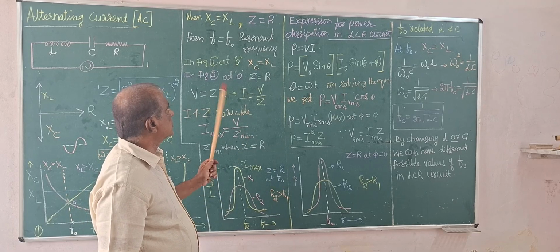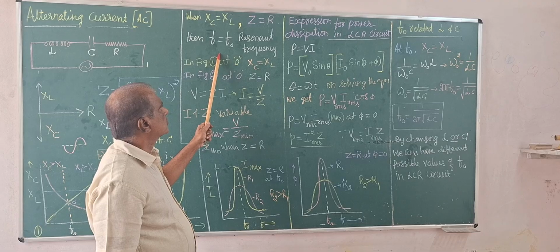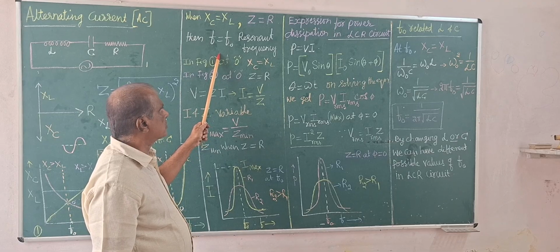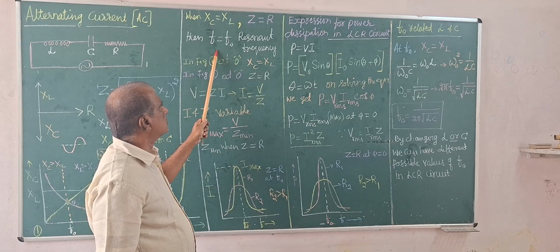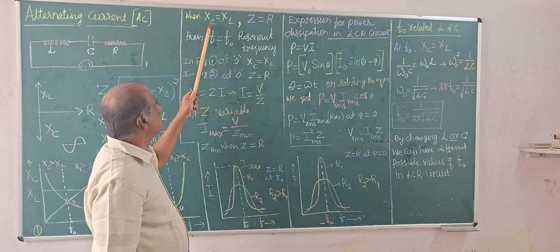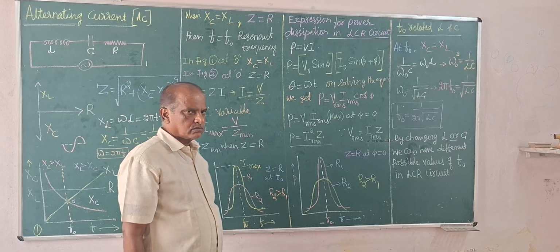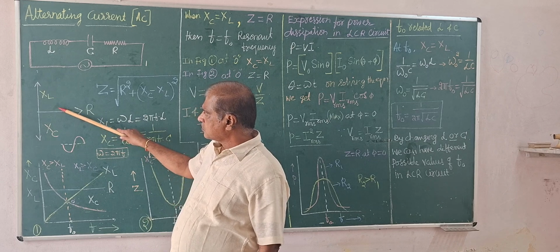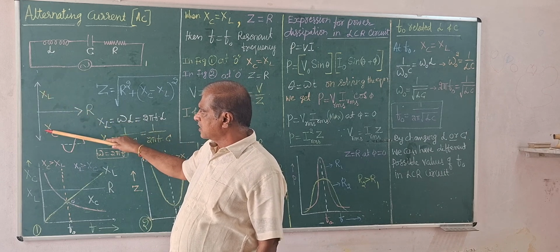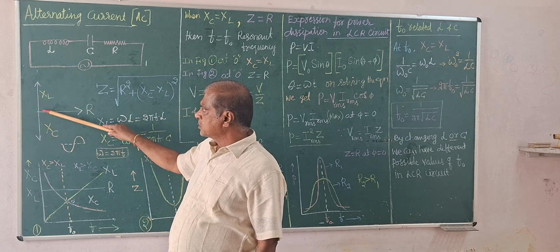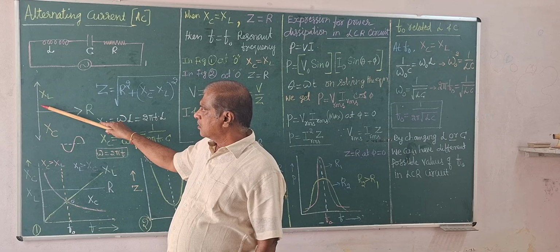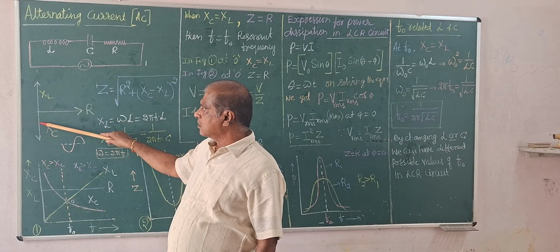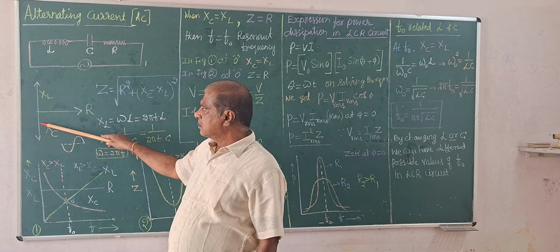It is at the resonant state, at the resonant condition. At the resonance condition, XC is equal to XL. In this graph, we have XL and XC in the opposite direction. When they are equal, they get cancelled.